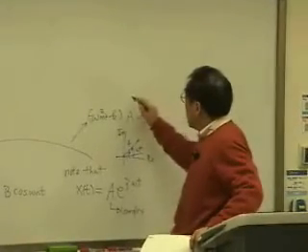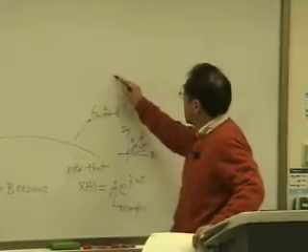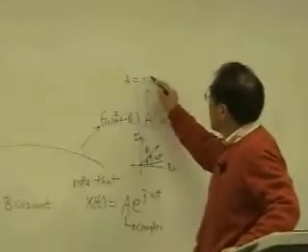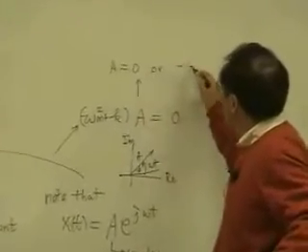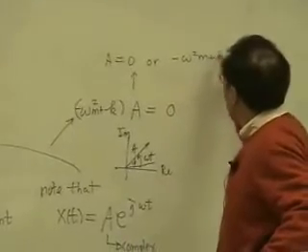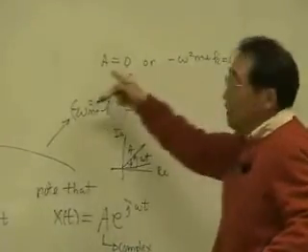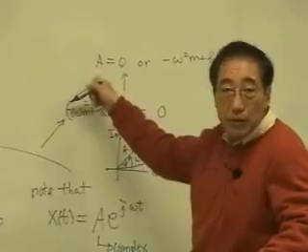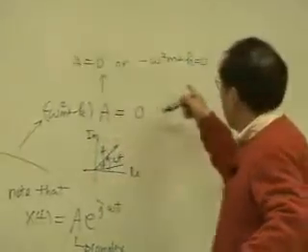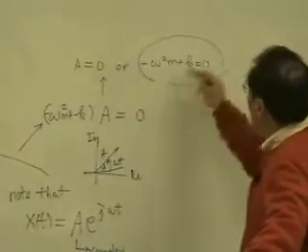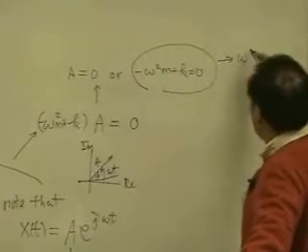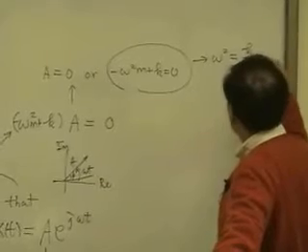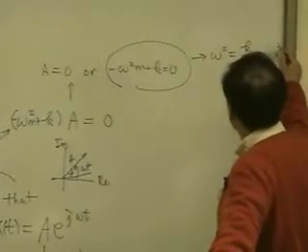Then the solution of this equation is, one solution is A equals 0, or minus omega square m plus k equals 0. Okay? This is the trivial solution. And this means that omega square has to be k over m, and it turns out to be the natural frequency.